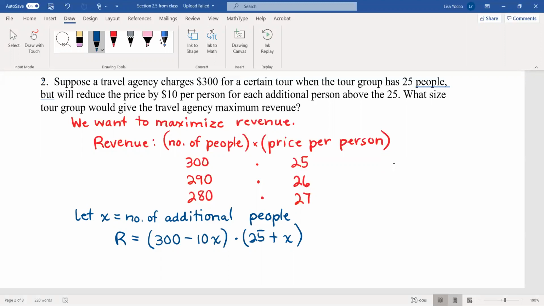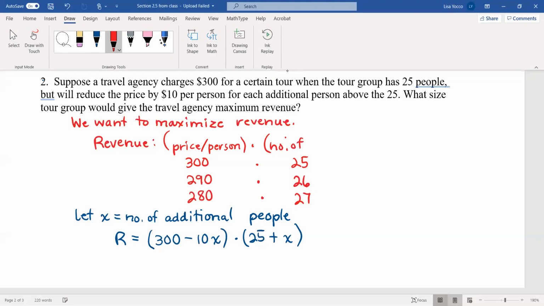Actually, I have this backwards. Sorry, this should be the price. This should be the number. Let me do that. Okay, so this is the price per person, and this is the number of people.